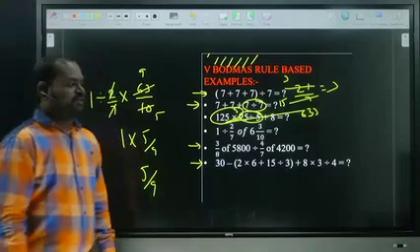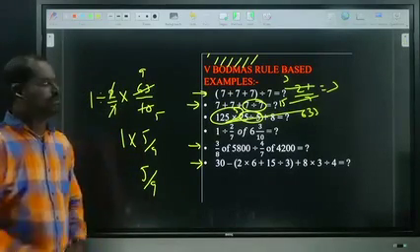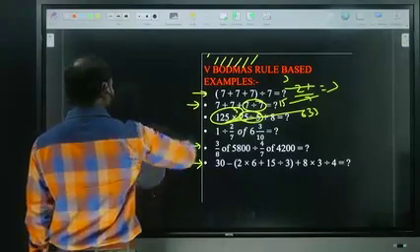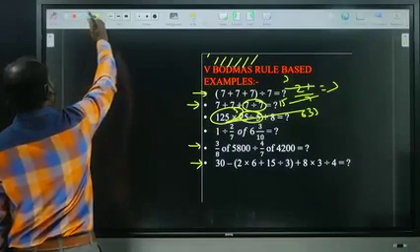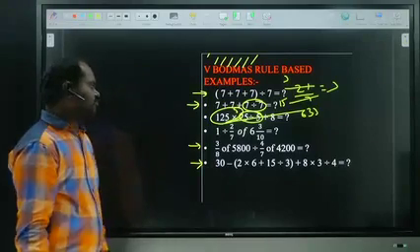Right. Some people are giving 29 by 32 for the first question. Shall we see now whether it is right or wrong? Now 3 by 8 of 5008, first of all.